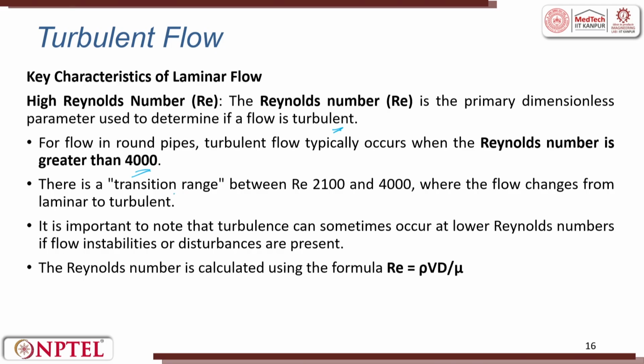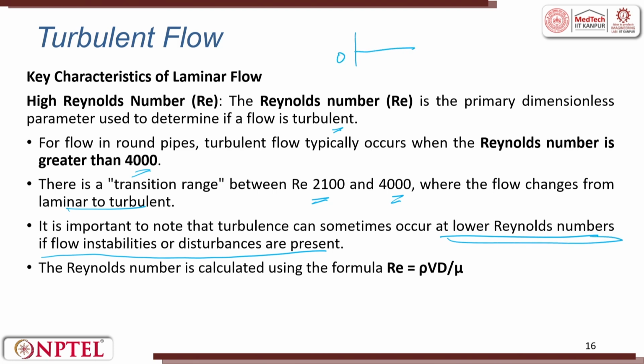There is a transition region between 2000 and 4000 where the flow changes from laminar to turbulent. It is important to note that turbulence can sometimes occur at low Reynolds number if flow instability or disturbances are present.